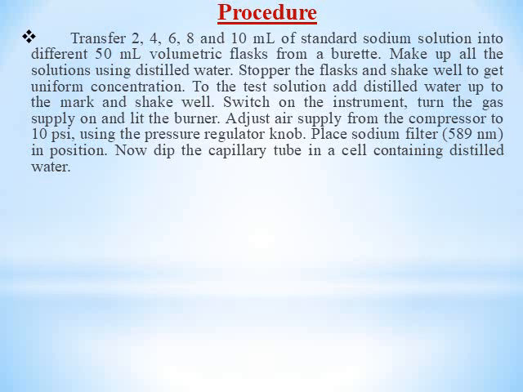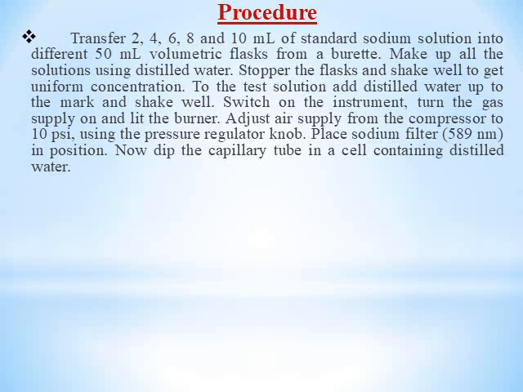Now a similar procedure is done with the test solution also. The test solution whose concentration of sodium or potassium needs to be detected is taken into a volumetric flask and also made up to the mark with distilled water and shaken well.